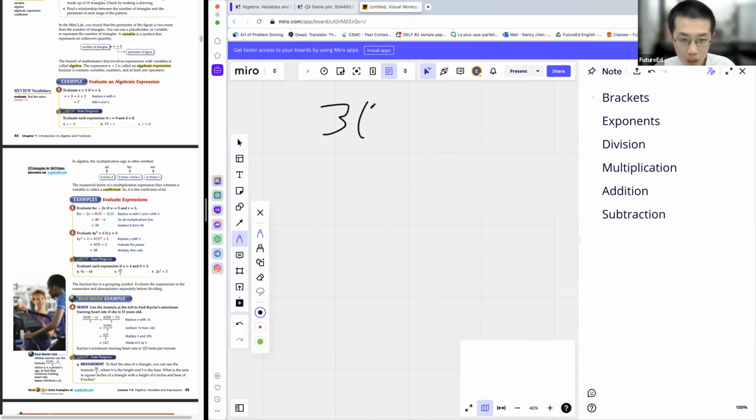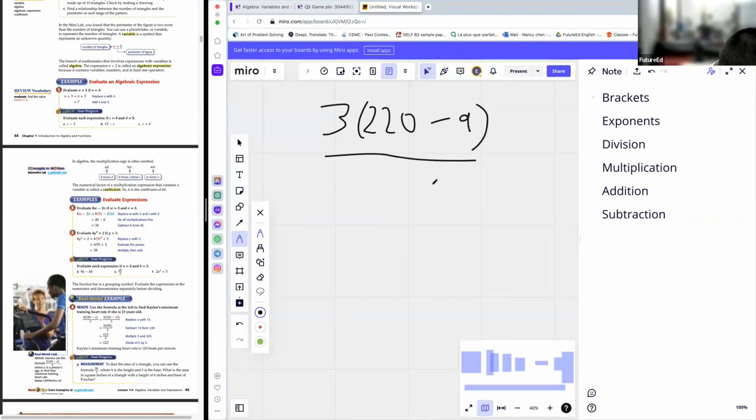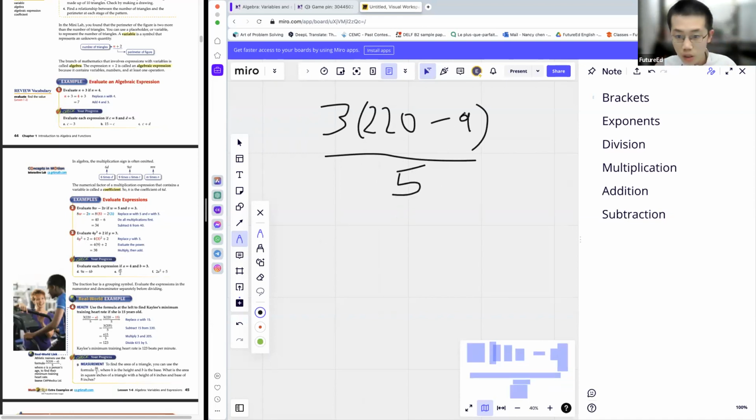We have 3 times (220 minus A, which is the age) divided by 5. Sorry, this is an A, not a 9. We do the brackets first. So you said you were 11, right, Jason? So A equals 11.